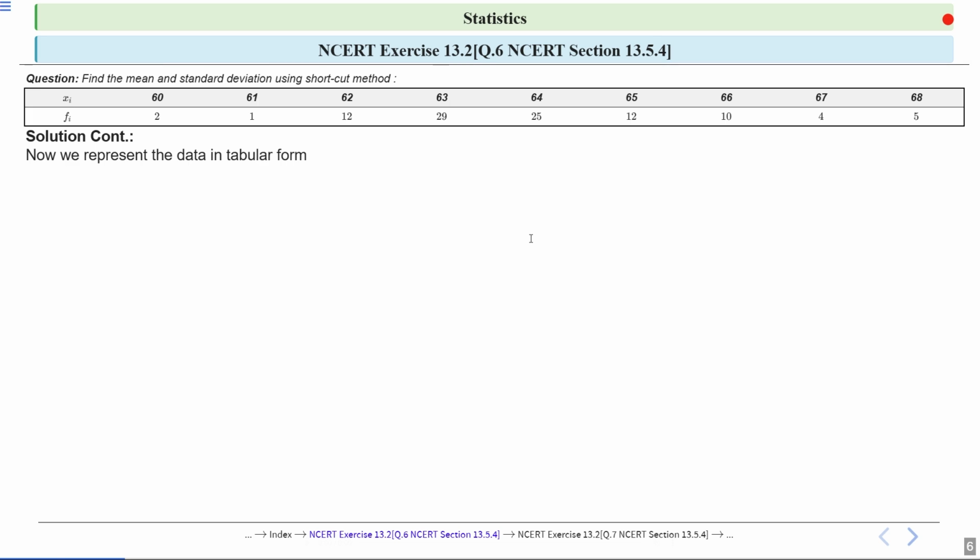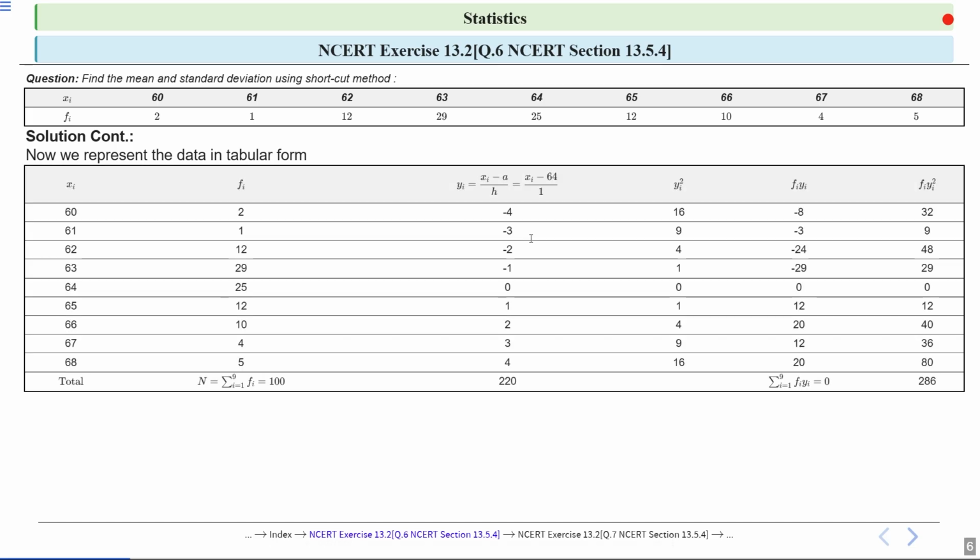Now, let's represent the data in a more detailed tabular form. So, this is our table. In the first column, we have the values of xi. In the second column, we have fi. In the third column, we have yi.